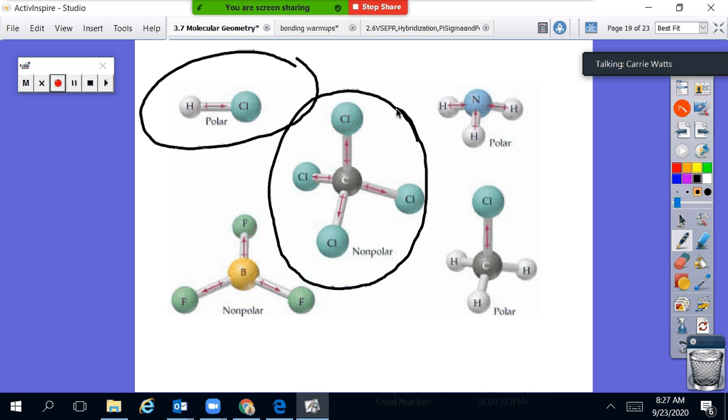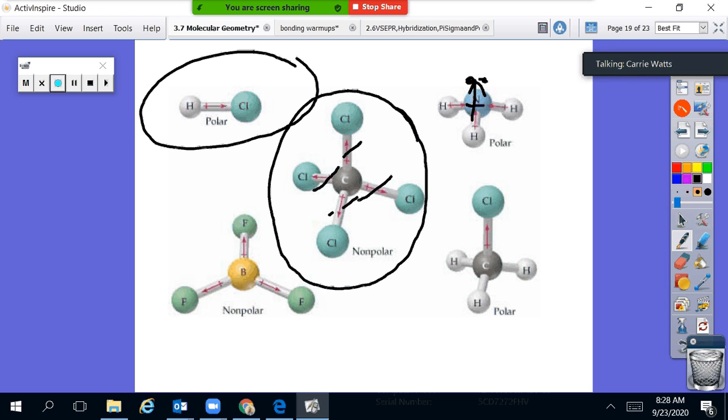The equal and opposite forces will cancel each other out, making it a nonpolar molecule. Here's NH3. Remember, NH3 has a big lone pair on the top here too, which gives it a really strong net dipole towards that lone pair. Remember, the lone pair has more repulsion capability than a bond group.